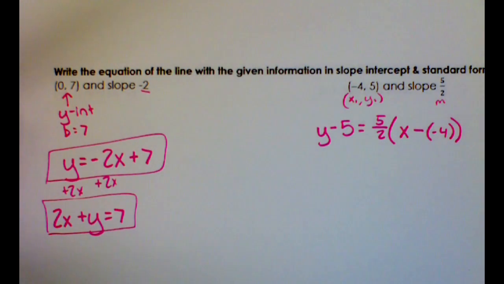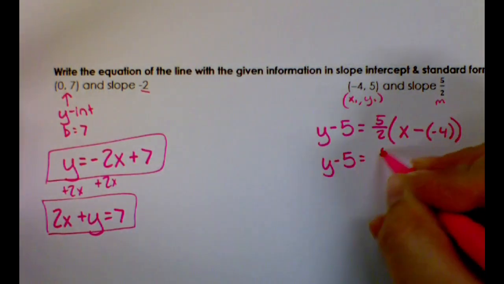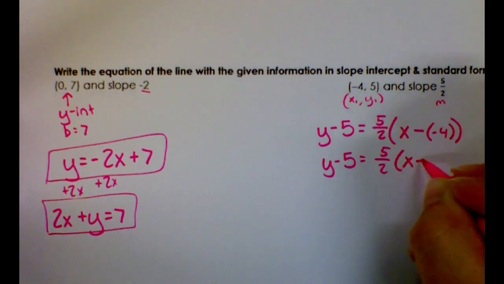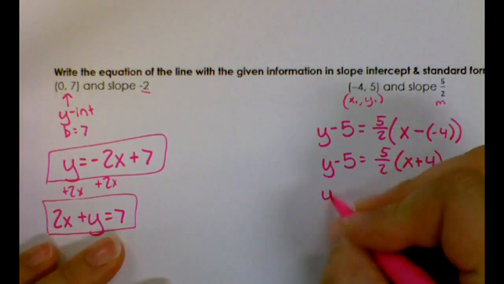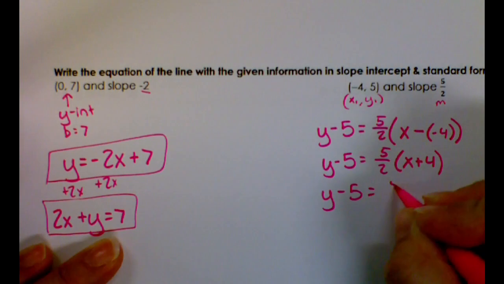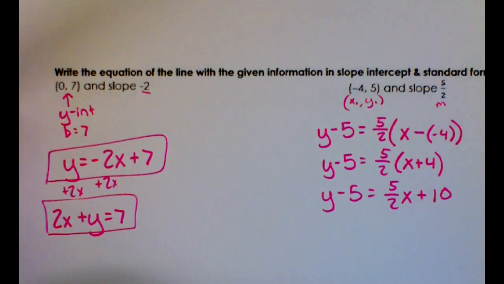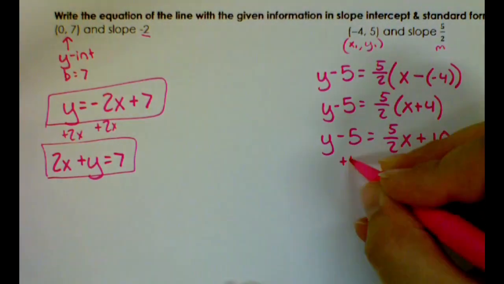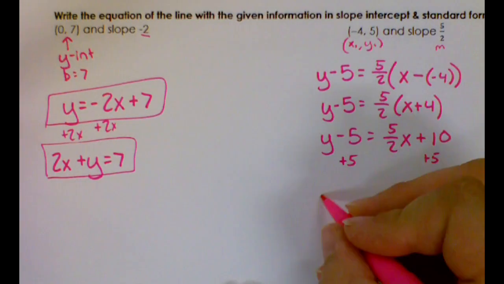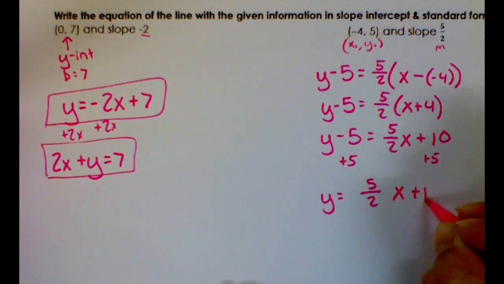First thing here to remember is that minus a negative is really plus a positive. And then we'll want to distribute the 5 halves. So we have y minus 5 equals 5 halves x plus 10. And then solve for y to have slope-intercept form. Add that 5 over. We get y equals 5 over 2 x plus 15.